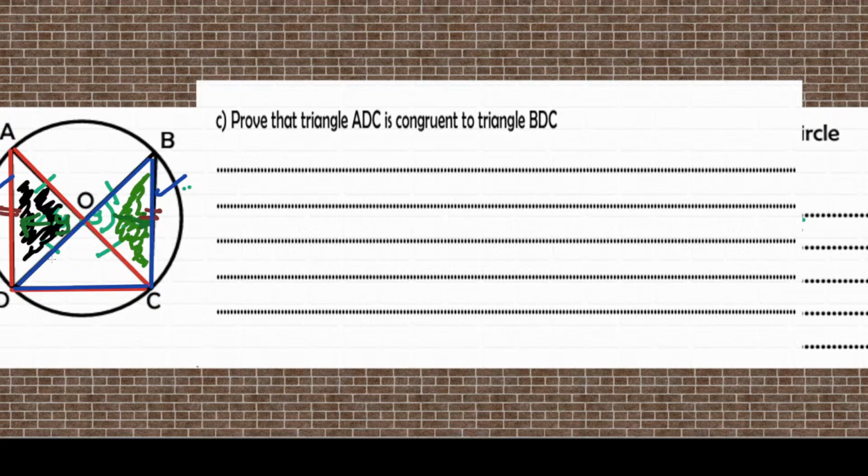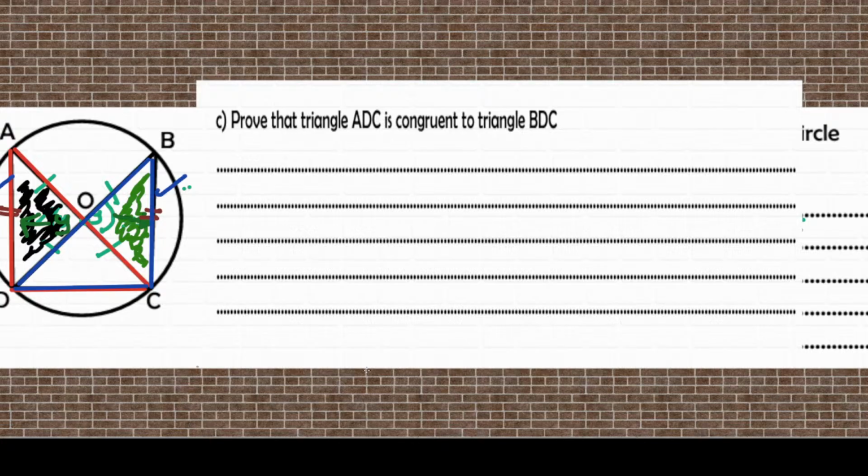Yes, we can. How? What is AC? AC is a diameter. And BD is also a diameter. Why? Both AC and BD are chords going through the center of the circle. So AC and BD are diameters of the same circle, so obviously they'll be equal in length.